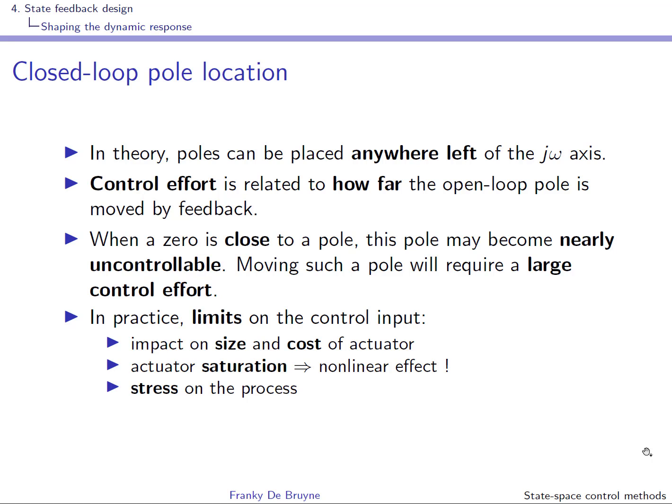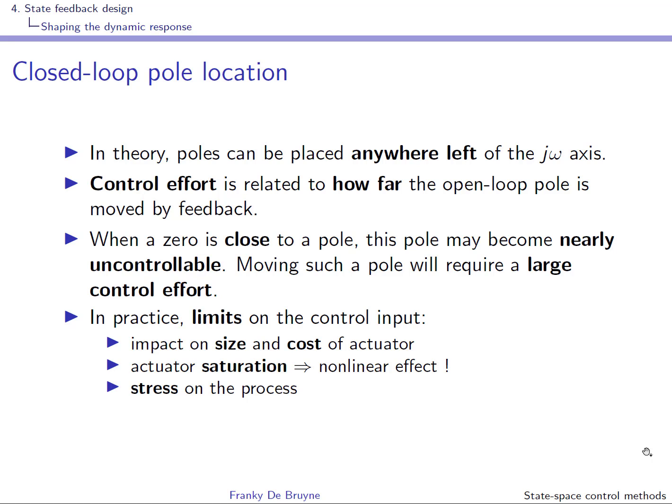A first reason is, of course, the control effort. If you push the open loop poles to the left quite a lot using feedback, this will result in a control effort that might become too large.